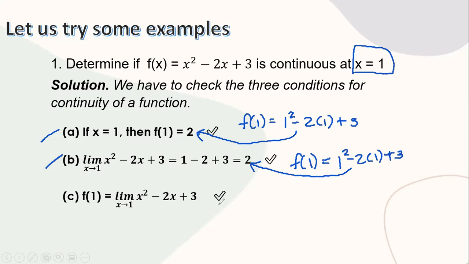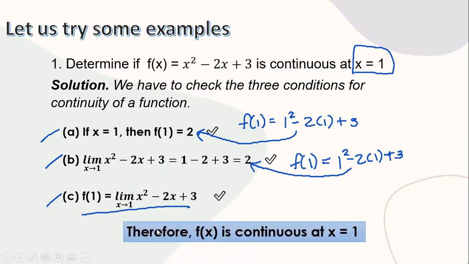Check. Equal, parehas 2 yung nakuha natin. That's why we can say that f of 1 is equal to the limit of x squared minus 2x plus 3 as x approaches 1. So the three conditions were satisfied. Thus, for the conclusion, therefore, f of x is continuous at x is equal to 1.